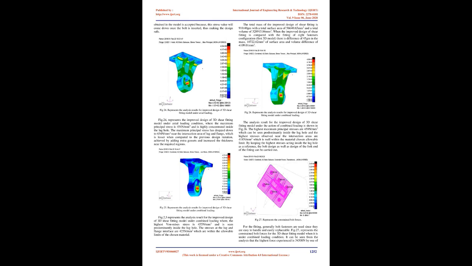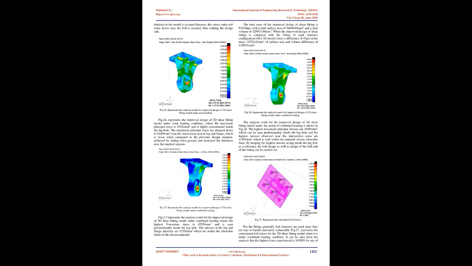Fig. 24 represents the analysis results for improved design of 3D shear fitting model under axial loading. Fig. 24 represents the improved design of 3D shear fitting model under axial loading condition, where the maximum principal stress is 454 N/mm2 and is highly concentrated inside the lug hole.